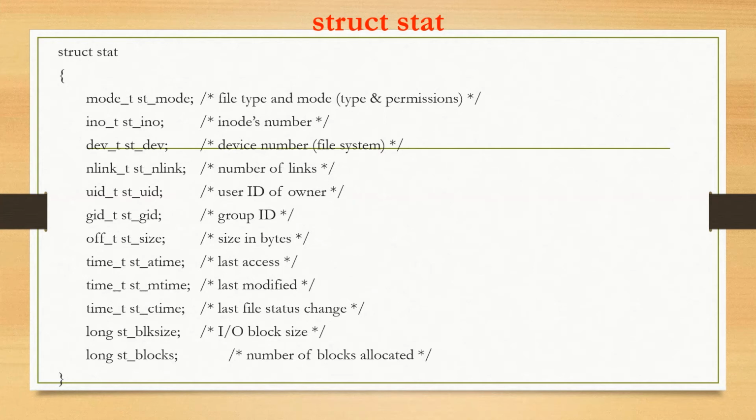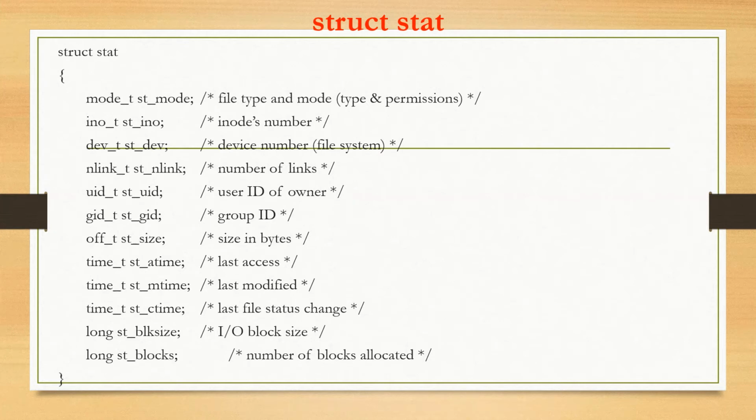Next is last modification time, which records when the last update was done. Next one is last status change time, which identifies the status change with the corresponding time, finally ending the corresponding structure.